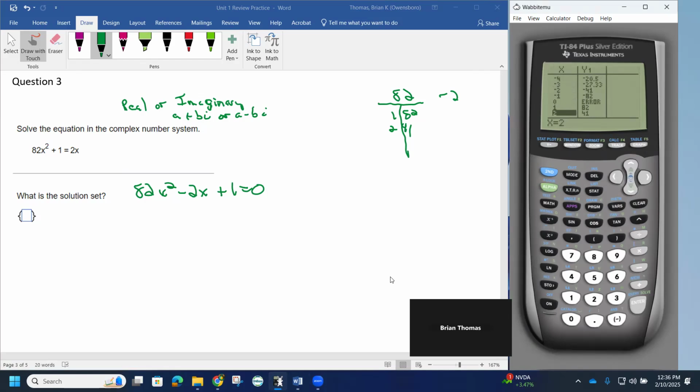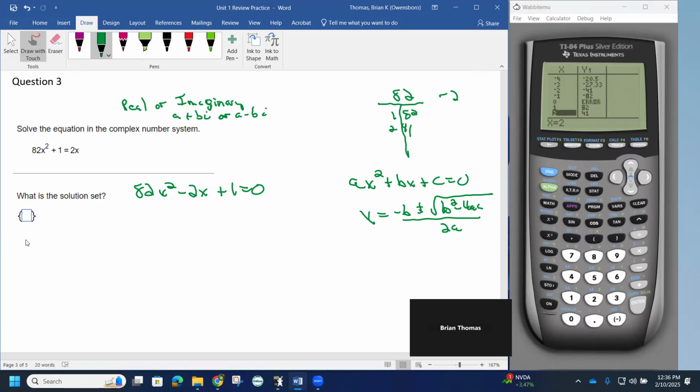Plan B is we're going to treat this as not factorable, which means we're going to use the quadratic formula. If the equation is in the form of ax squared plus bx plus c equals 0, then we can solve for x using the formula: the opposite of b, plus or minus the square root of b squared minus 4ac, divided by 2a.